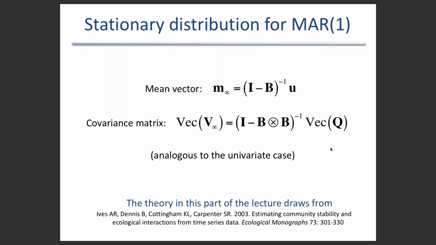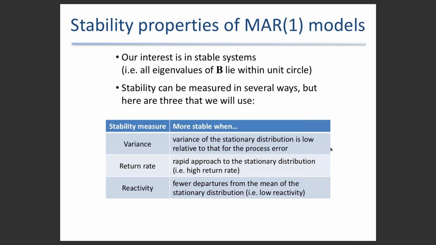That stationary distribution has a mean. Each species has a different mean, and then it has a variance-covariance matrix of all the species. So if they have 15 species, that's a 15-dimensional variance-covariance matrix. Kind of a complicated thing, but we can work out mathematically what that should look like.